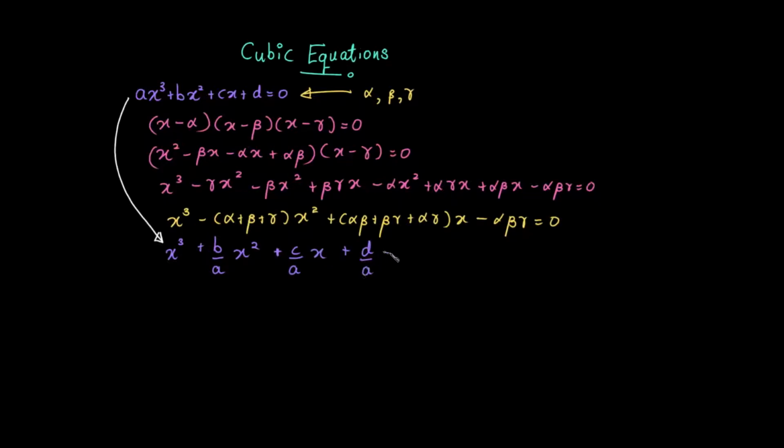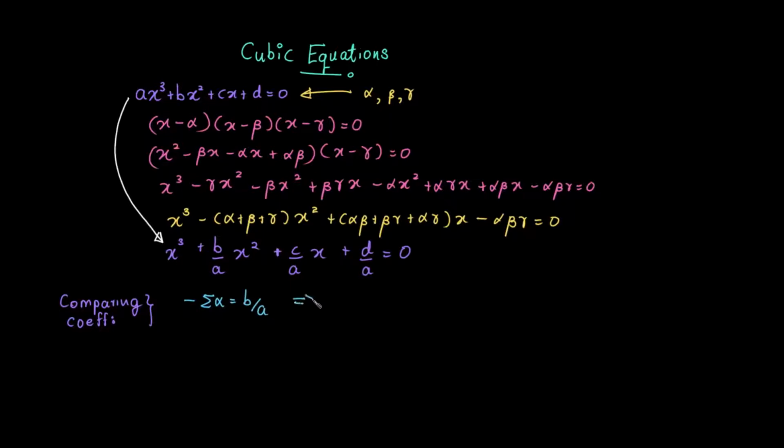Alright, now let's compare the coefficients of the two equations. So minus sigma alpha is equal to b by a, because alpha plus beta plus gamma is nothing other than sigma alpha.